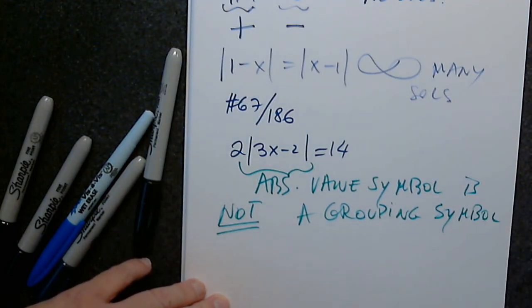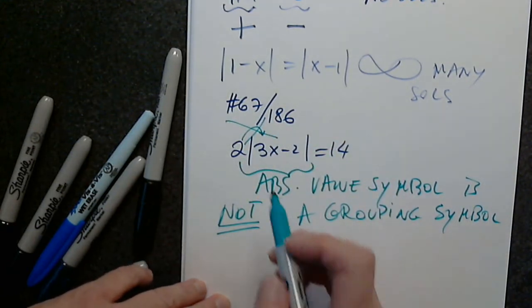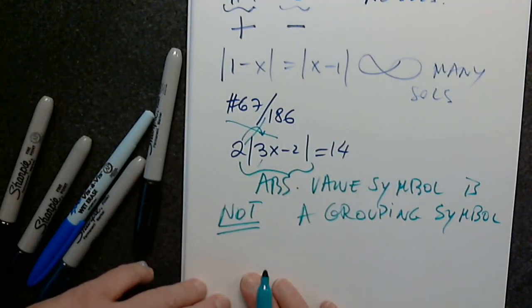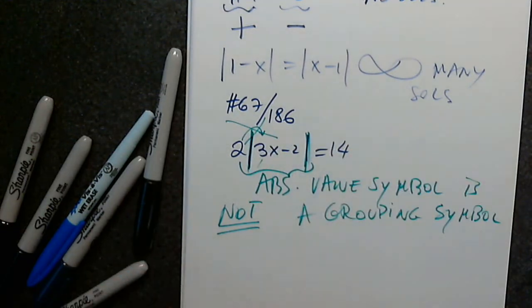What does that mean? You cannot distribute. That's not allowed. You cannot take anything outside and factor out. That's not allowed. You have to treat it as a concrete block. You can't touch it.